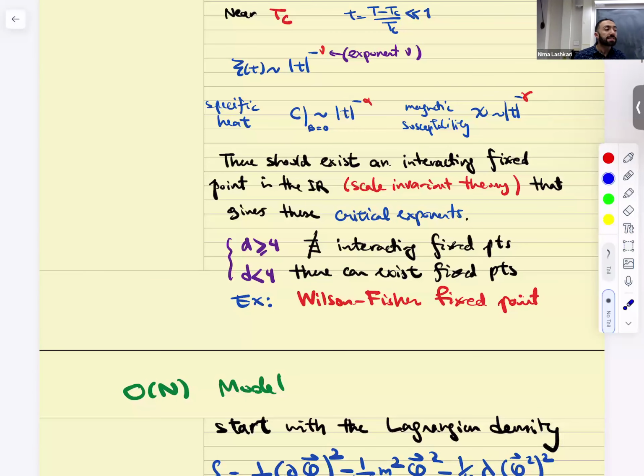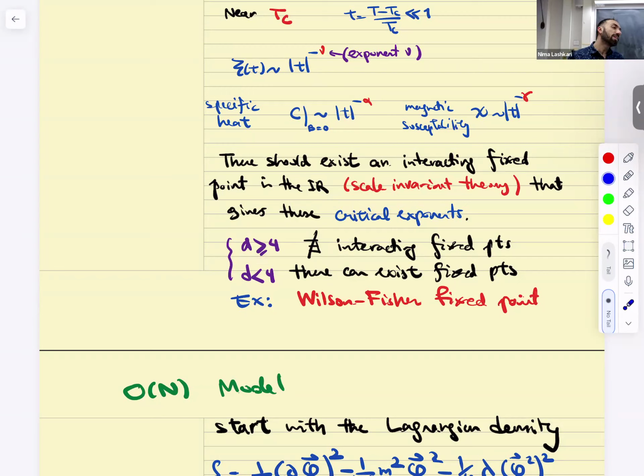The fact that we see examples of such non-trivial fixed points and continuous phase transitions around us, there are many examples, points to the existence of interacting fixed points in the infrared with these critical exponents.